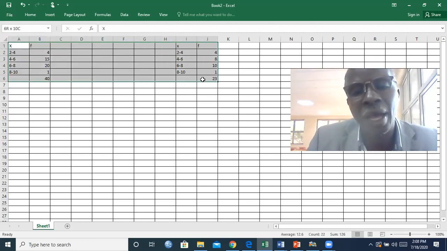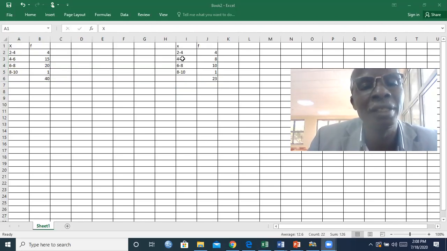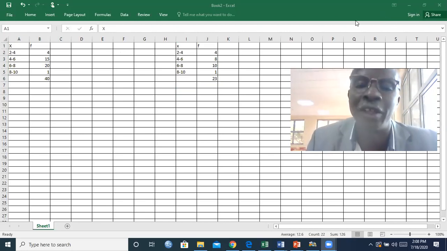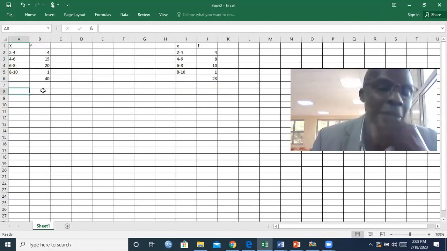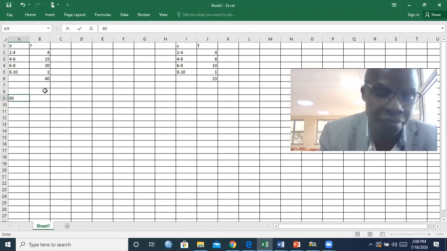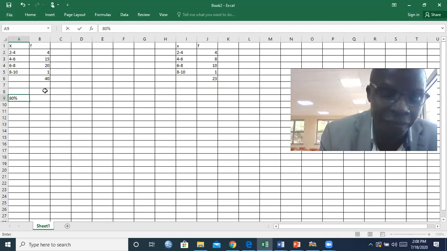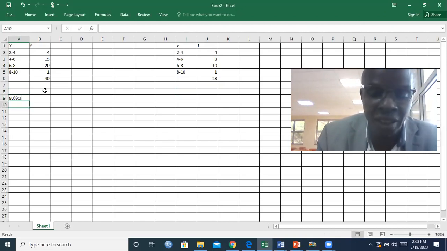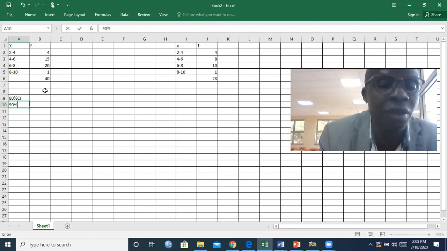So I would want us to determine three confidence intervals: an 80% confidence interval for mu, a 90% confidence interval, and a 95% confidence interval.